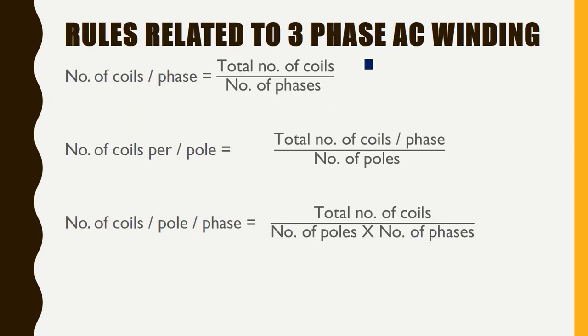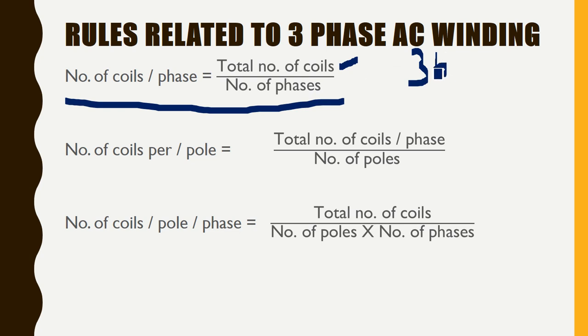Before solving any questions, we have to know the preliminary formulas given here. Number of coils per phase: we have the total number of coils for a machine, and per phase it is the total number of coils divided by number of phases. So if you have 36 coils and 3 phases, there will be 12 coils per phase.